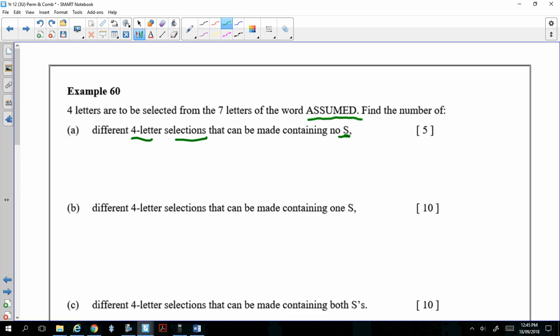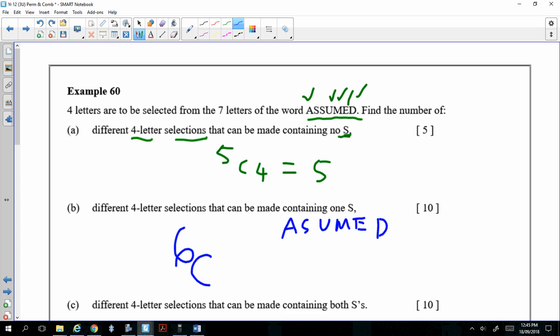4-letter selections that can be made containing one S. So in that case, you just have A, S, U, M, E, D. You go 6C4, which is 10, right? Sorry, that is not 6C4, because S is already selected.